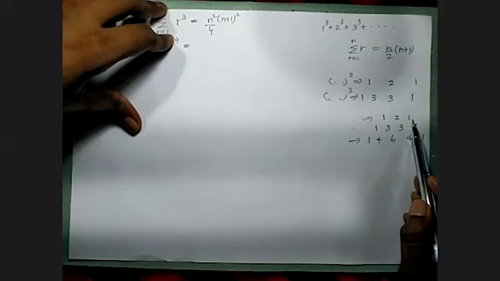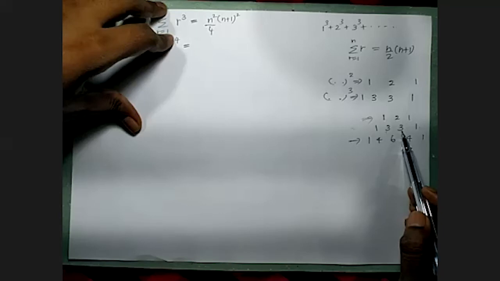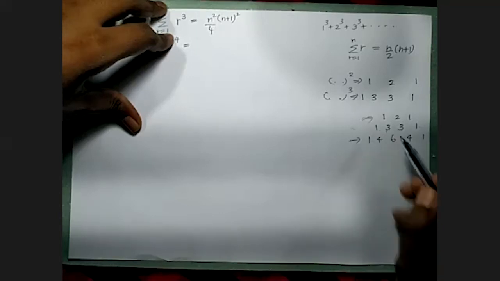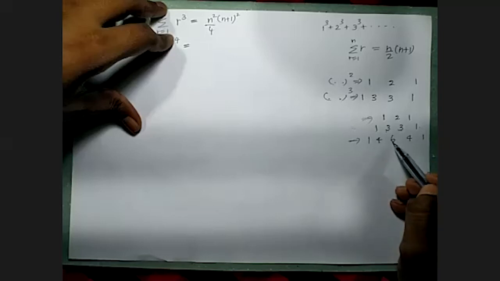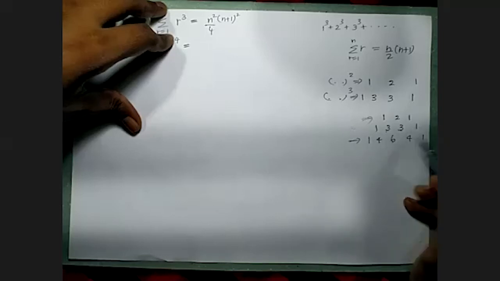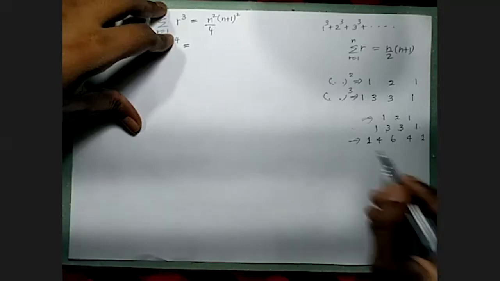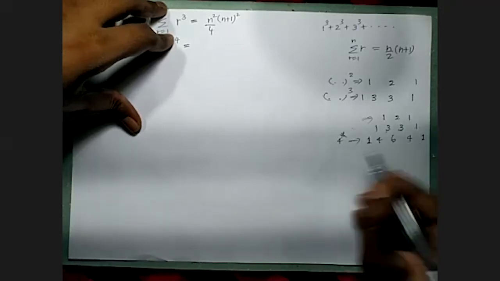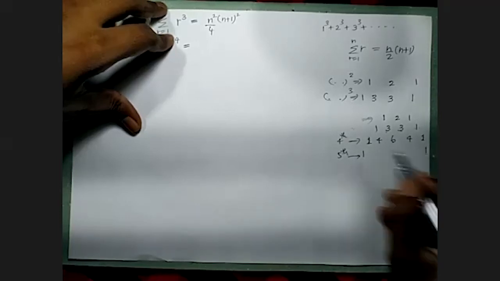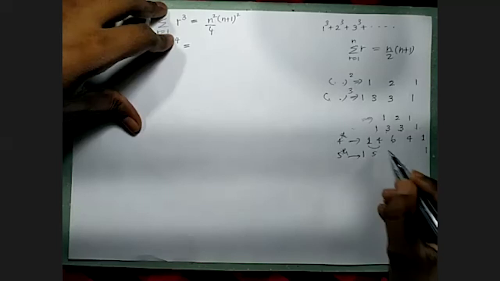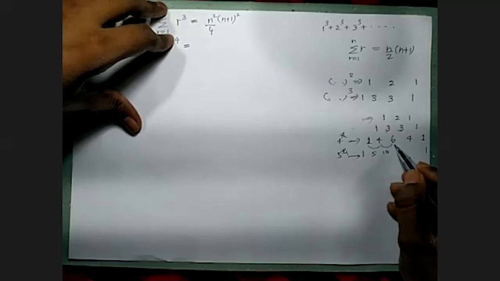Take the sum of these two. 2 plus 1, 3. Similarly, take the sum. 1 plus 3, 4. 3 plus 3, 6. 3 plus 1, 4. First term and last term, they are always 1. So this is for the 4th index. Then for the 5th, 1, 1. Take the sum. 5. Take the sum. 10.